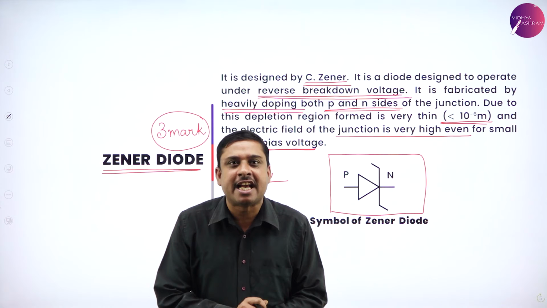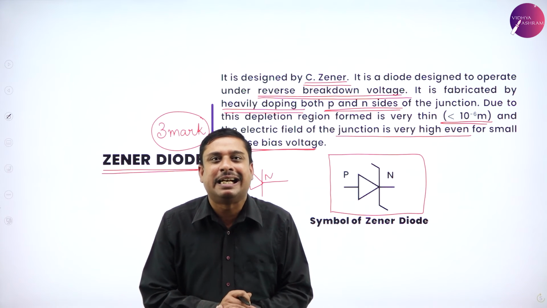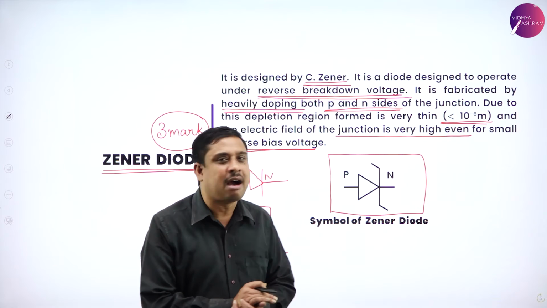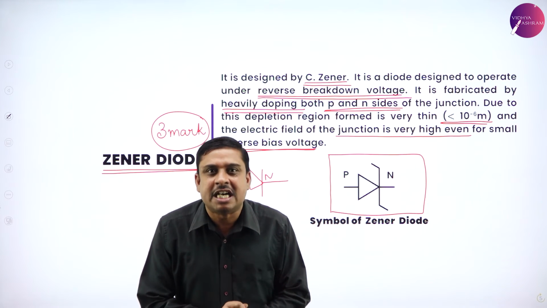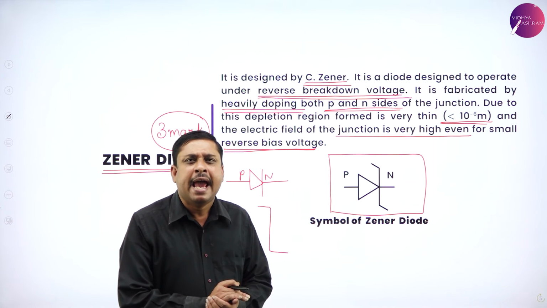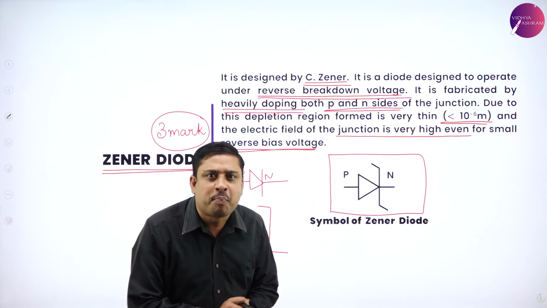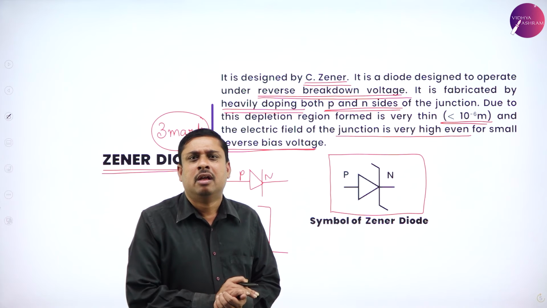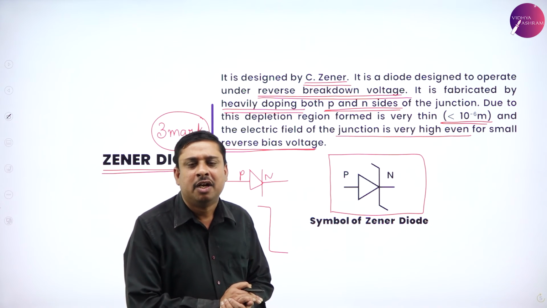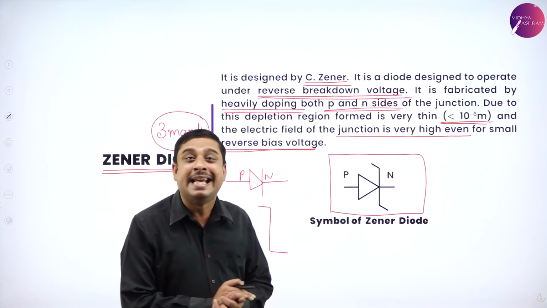Mode of operation for a Zener diode is reverse biased or reverse breakdown voltage. Heavy doping is done, with lots of impurities added to the P and N sides.